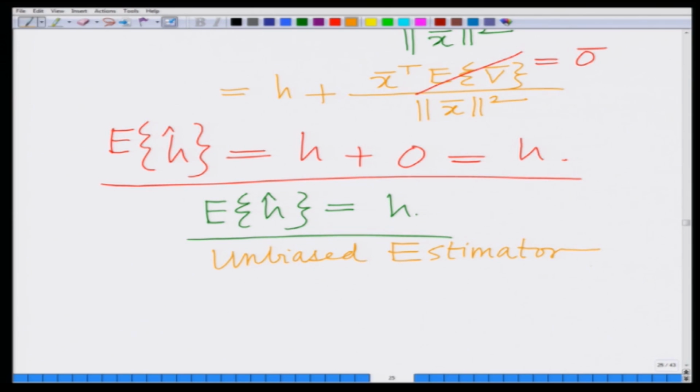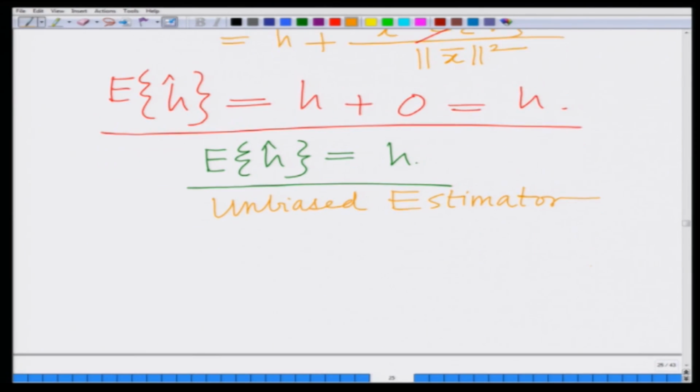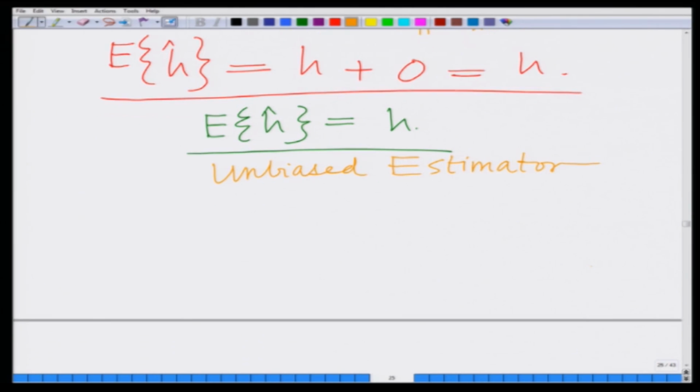Now, let us look at the variance of the channel estimate. Right? So, let us now look at the variance of the channel estimate. Now, we know that h hat equals h plus x bar transpose v bar divided by norm x bar square, which means, let us look at h hat minus h.